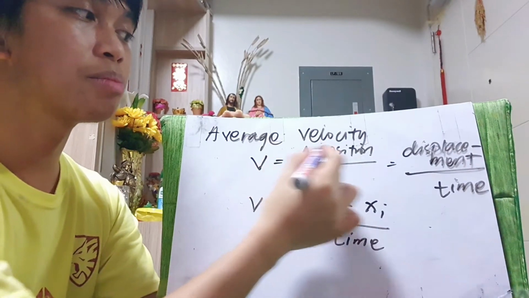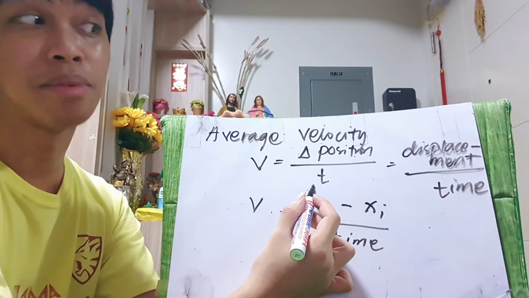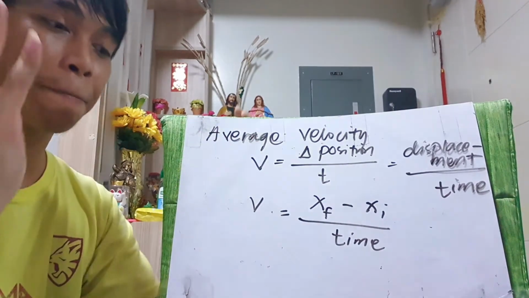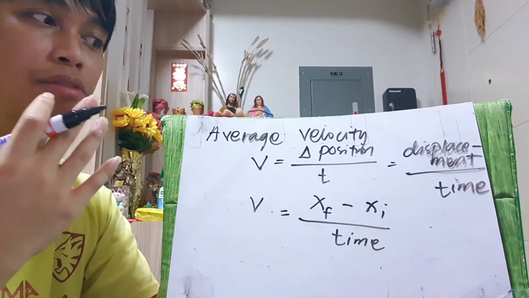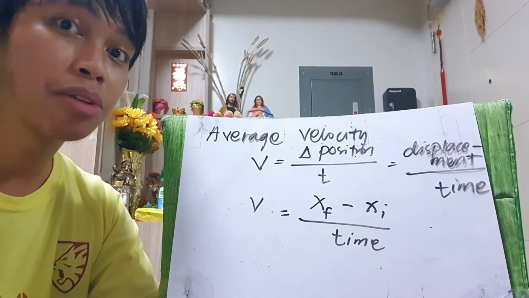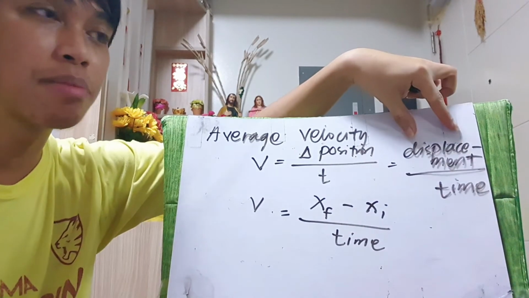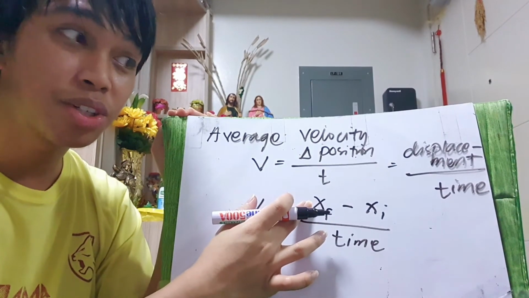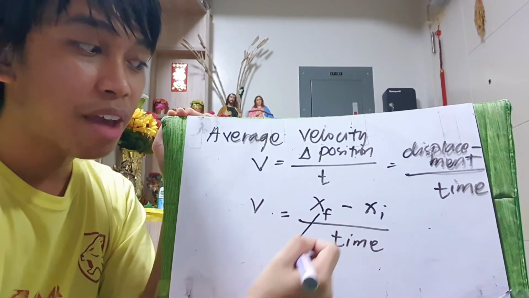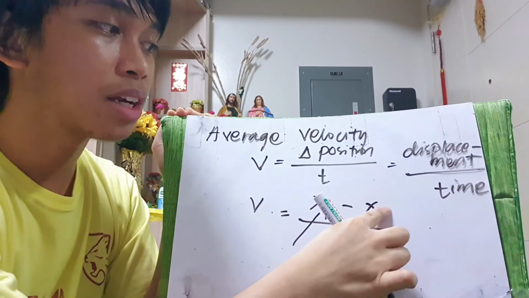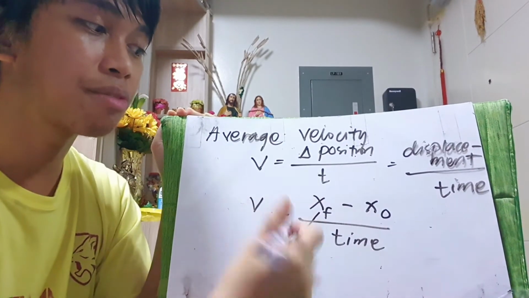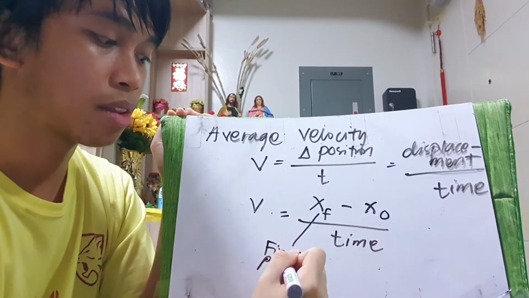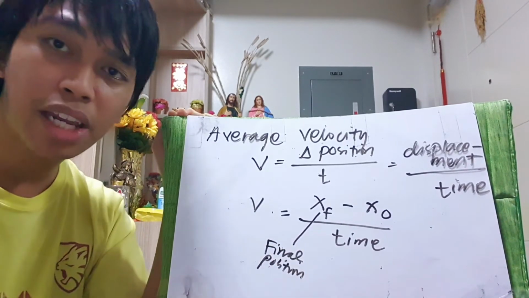So again, velocity can be computed using these formulas: change in position all over time. If you are uncertain about the formula, you can use displacement over time or this one. x sub f refers to the final position. What do we mean by final position?